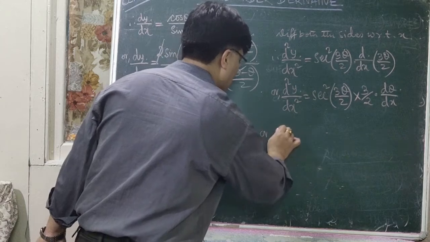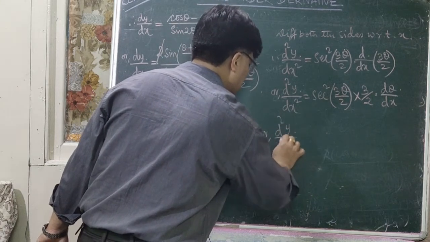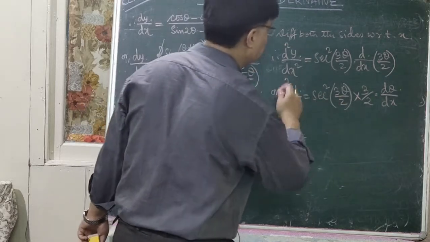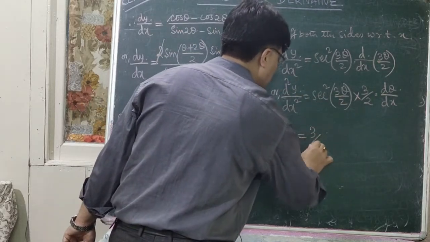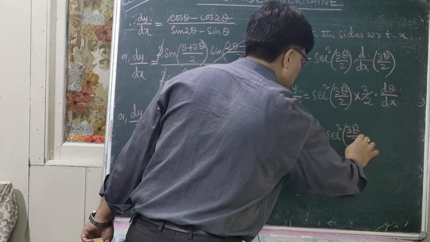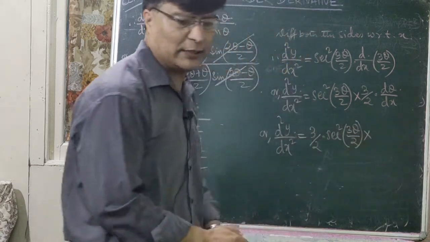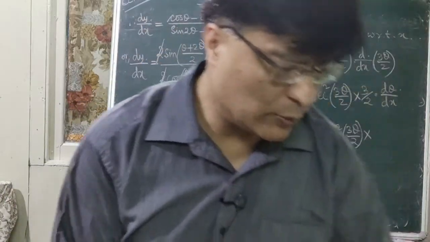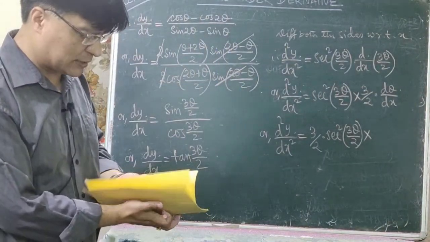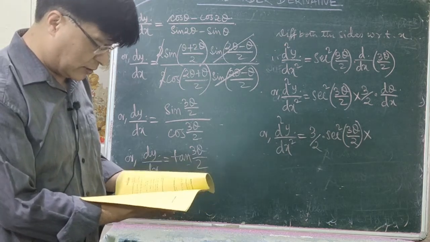So now d2y by dx square is equal to 3 by 2 into sec square 3 theta by 2 into, what was d theta by dx? We have calculated it, that is number 1. You can check that number 1.